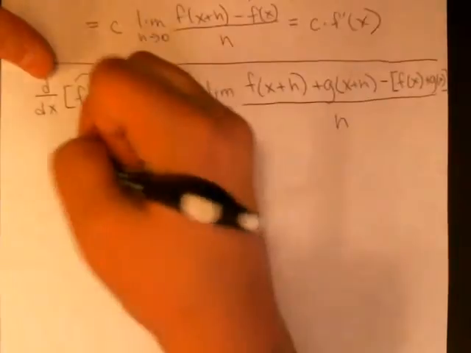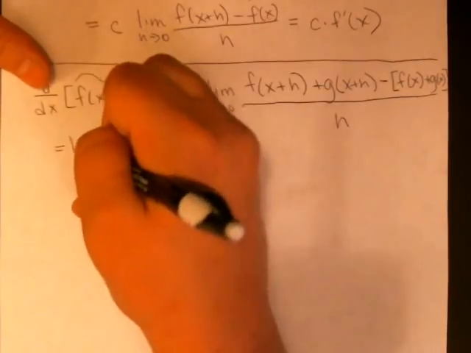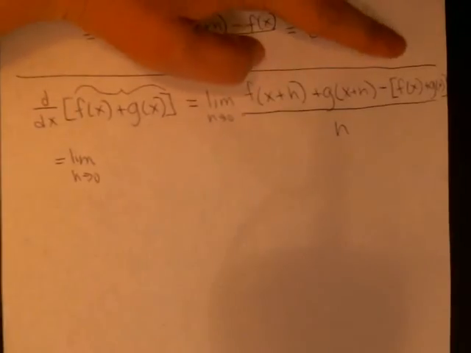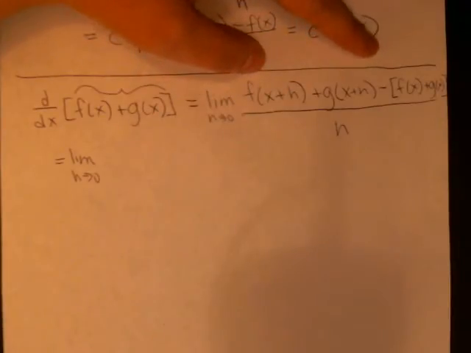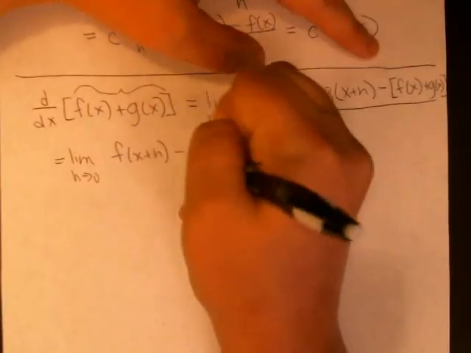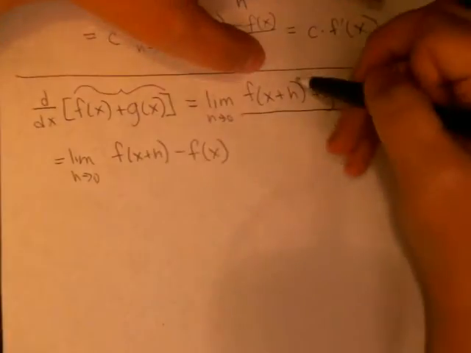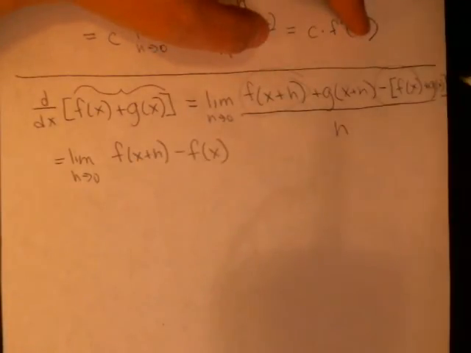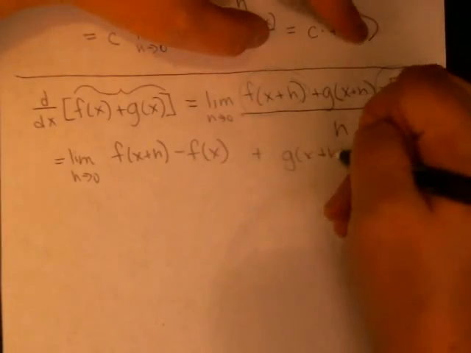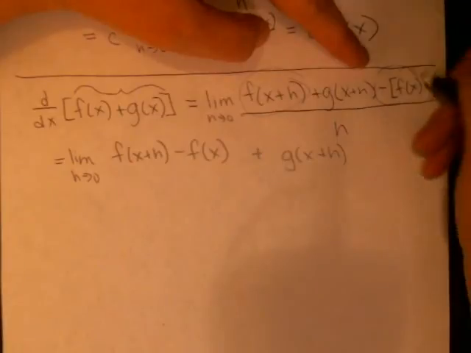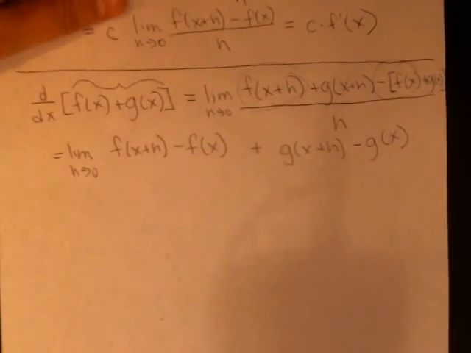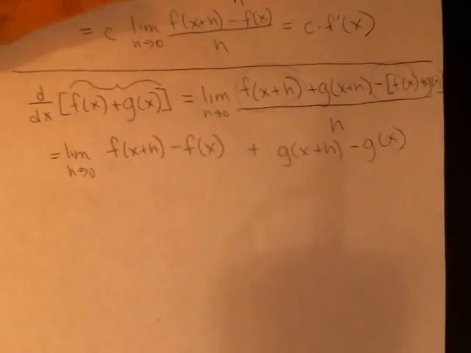So really we're just going to do some rearranging here. We're going to get together the pieces that look like they should go with an f prime and the pieces that look like they should go with the g prime. So I see my f of x plus h minus f of x. I got this and this grouped together. And then I have my g of x plus h, and when we distribute, I do have a minus g of x. All of this is over h, but I can actually do even better.